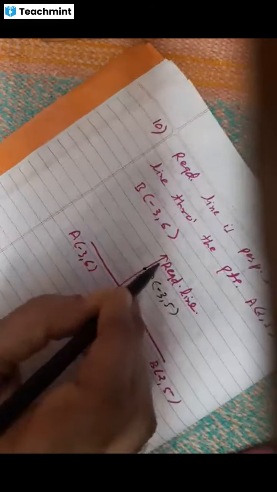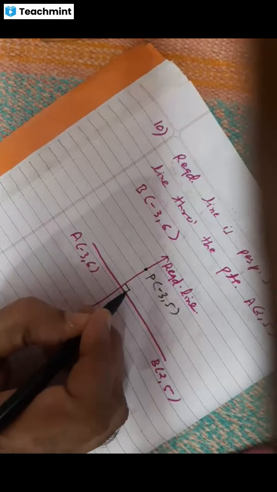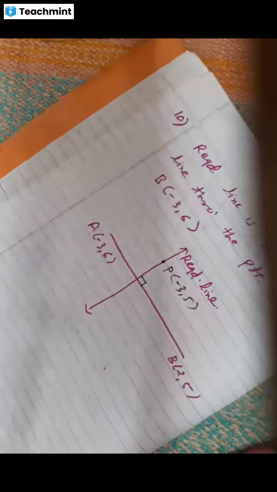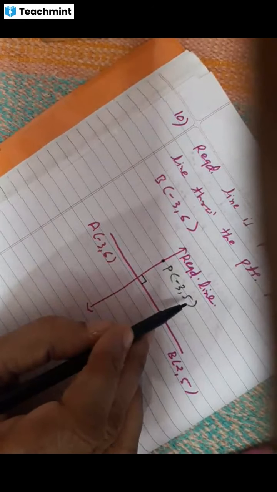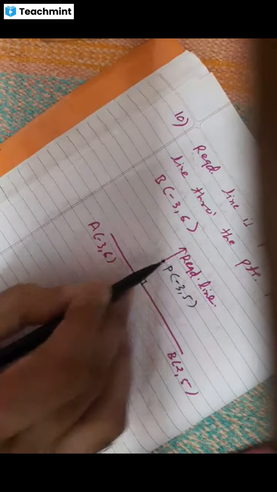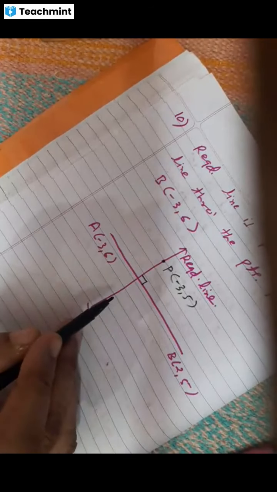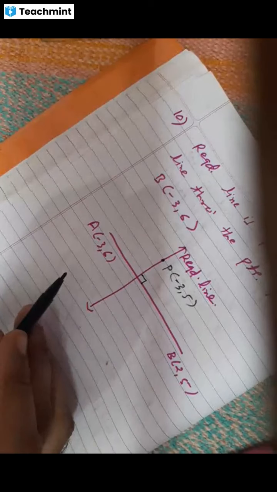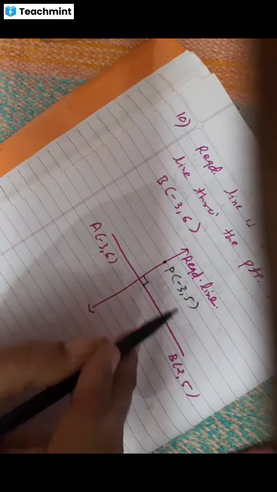Now this is the required line, and you know this is 90 degrees. You have a point already. Now if you can get the slope of the required line, then we are done, because you can use the point slope form.